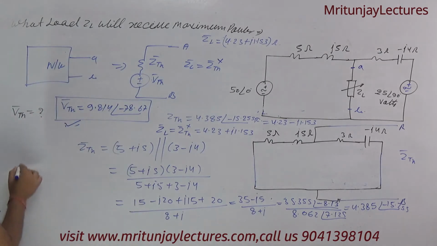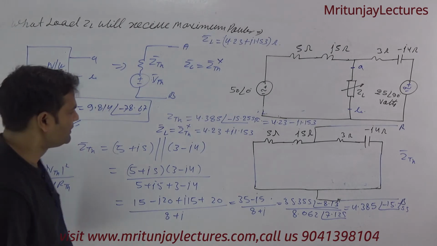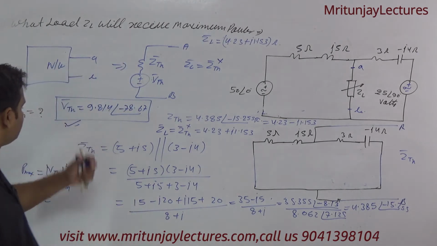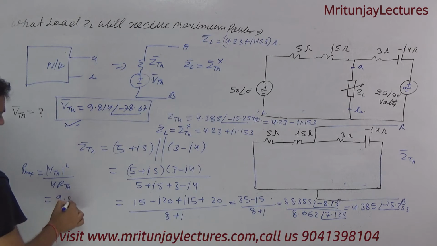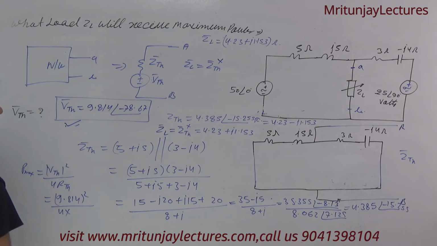Now to determine Pmax, I know that it is VTH whole square divided by 4 RTH. What about VTH? We already got it, that is 9.814, whole square, only magnitude, divided by 4 into RTH, which is 4.23.